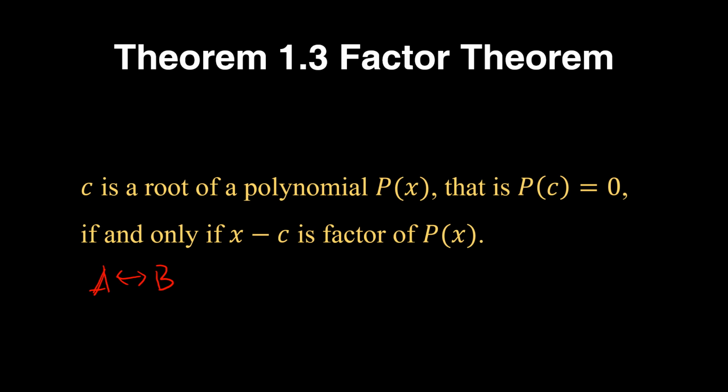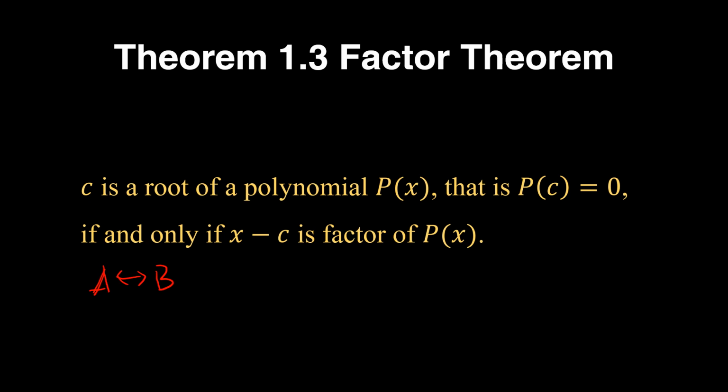So how does it apply to this one? That means if c is a root of P(x), then we can say x minus c is a factor of P(x). And if x minus c is a factor of P(x), we can say c is a root of the polynomial P(x).